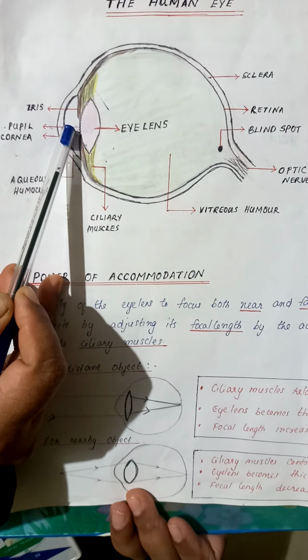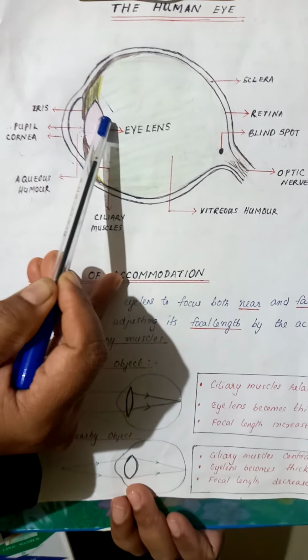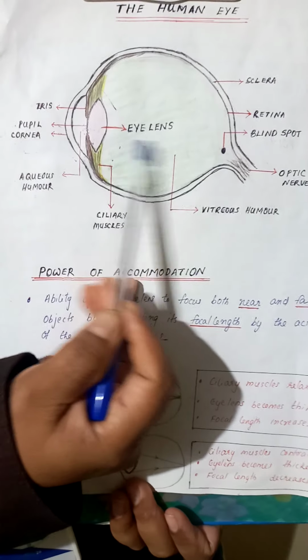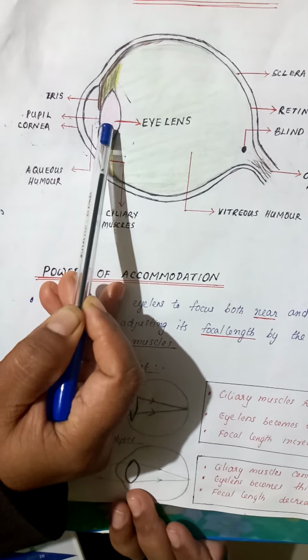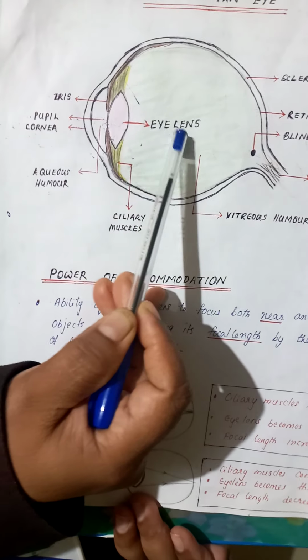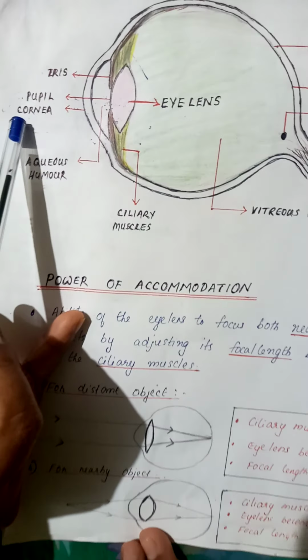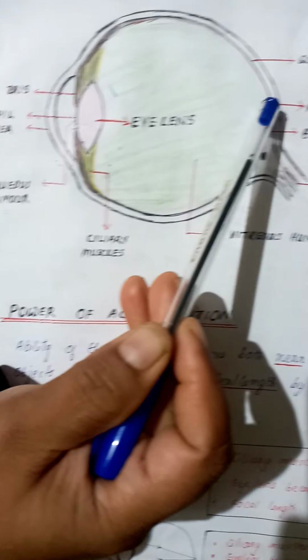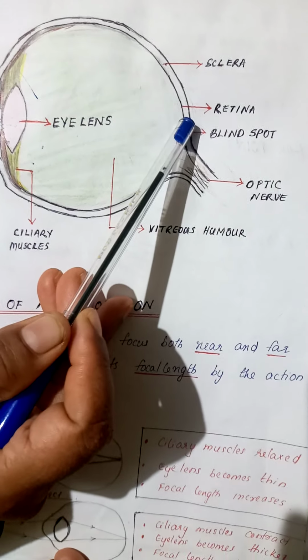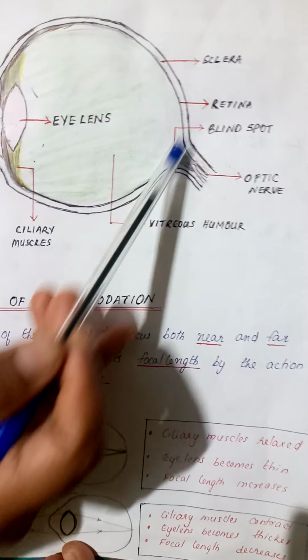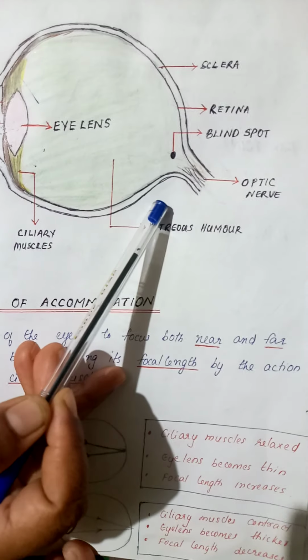Now behind the pupil, you can see a round structure. This is called the eye lens. It is convex in nature, hence it is converging, so that it converges the light rays from the object and forms an image on the retina, where the retina is a screen on the back part of the human eye.